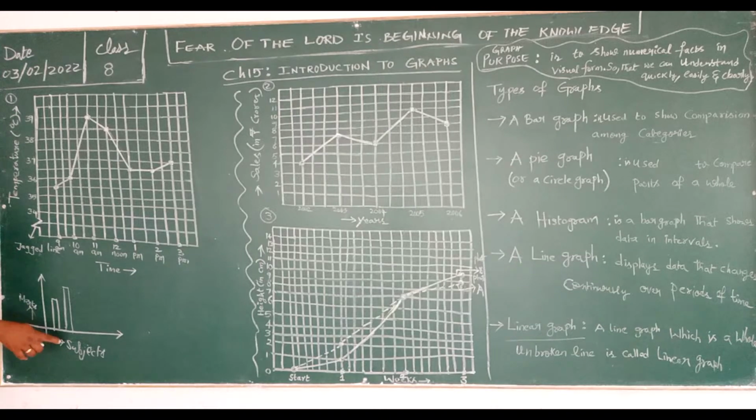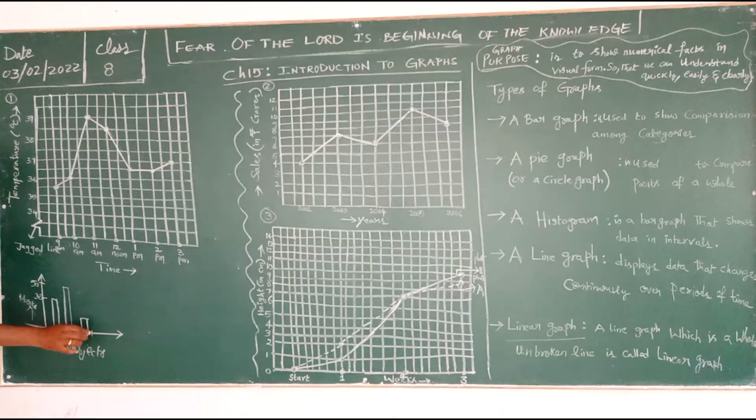This arrow indicates that whatever is written here is all subjects, and whatever is written here is all marks. Let me say this part as 30, this part as 50, and this box as 15. Now observe carefully, here it is subjects. Let's say this is math, this is English, and this is Hindi.